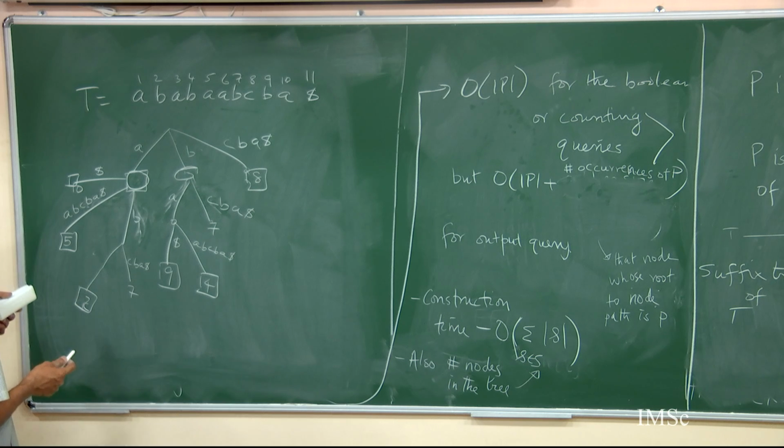Okay, so this first one would be AB, so second one would be... no, this is 3.